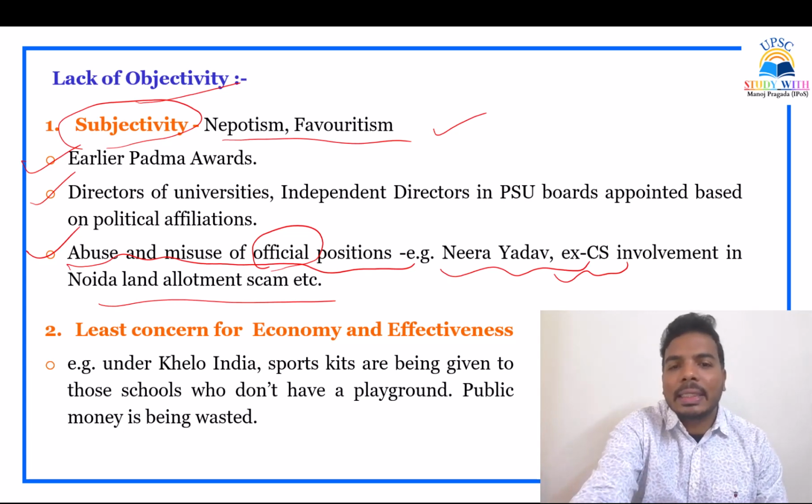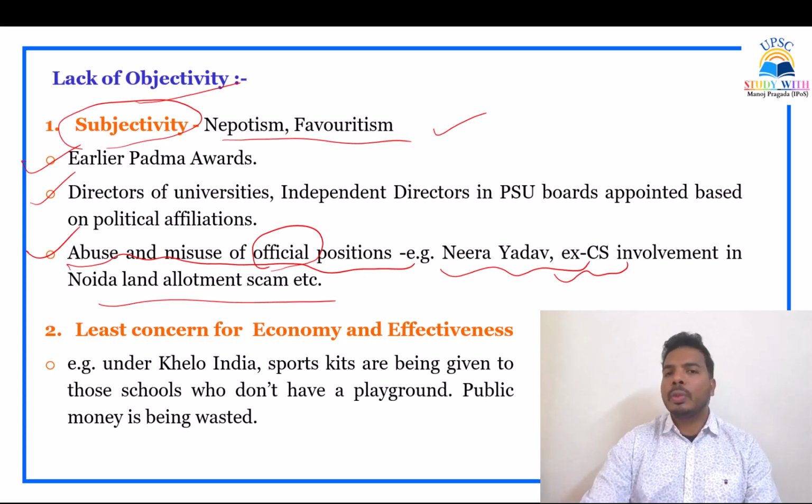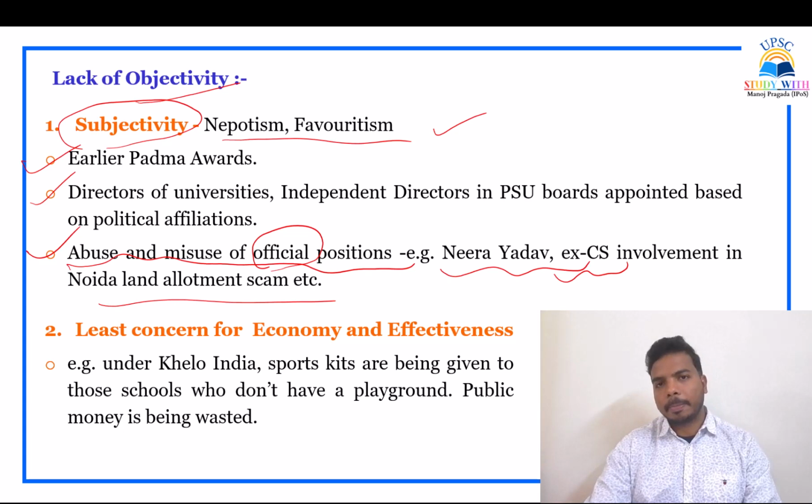The second point is least concern for economy and effectiveness. If you are lacking objectivity, you will be least bothered about economy and effectiveness, which is a very dangerous thing. For example, there was one scheme of Khelo India, under which the government was providing free sports kits to students.